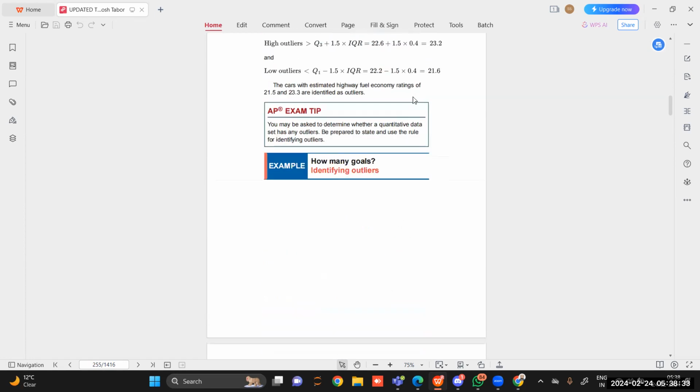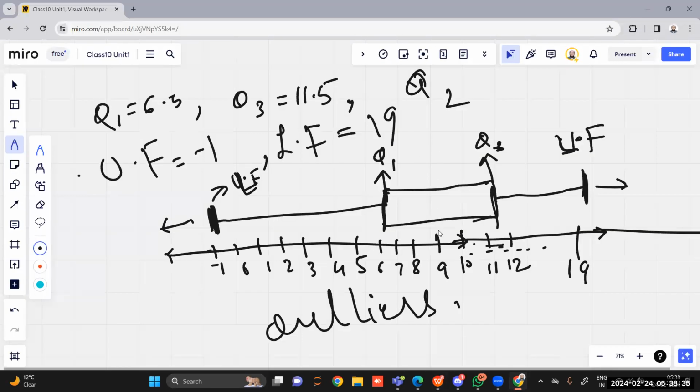Okay, 9. So the third line would exactly come here. Those three lines should be visible. This line is Q2, also called the median. Then we have completed the case.